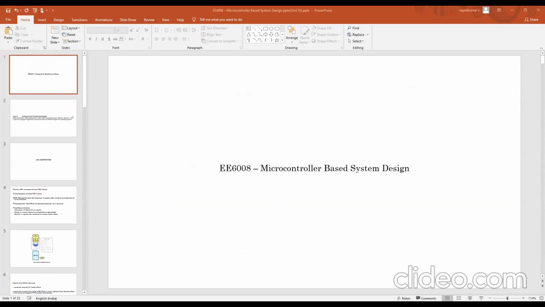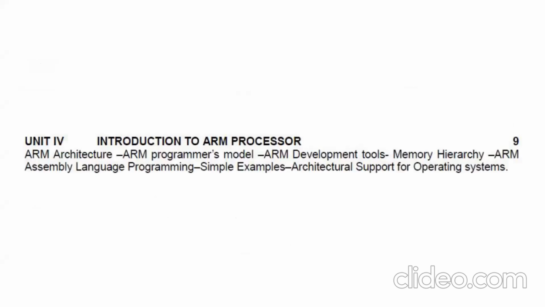So this is the thing. The name of the subject is EE6008 Microcontroller Based System Design. Today we are going to start with the fourth unit. You may not panic upon seeing this.